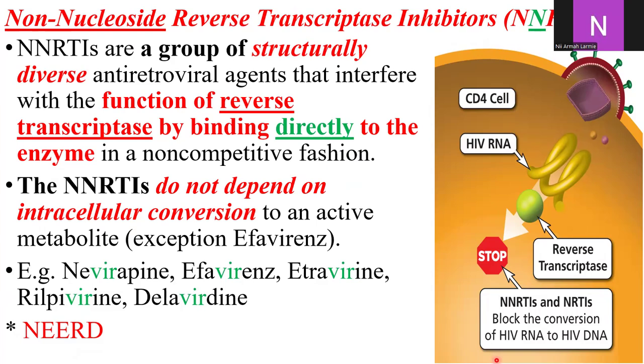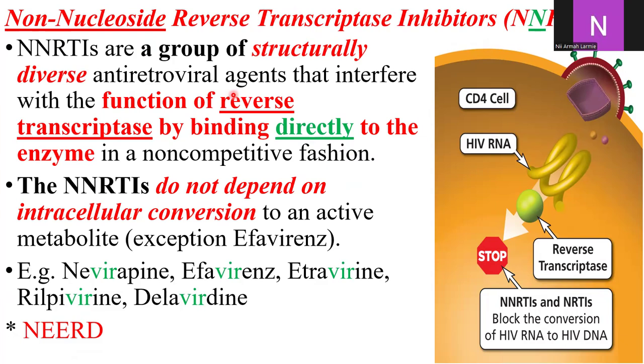Now, non-nucleoside reverse transcriptase inhibitors, these are the ones we say directly inhibit the reverse transcriptase enzyme. So mostly these do not require the triphosphorylation to be activated before they can act, with the exception of efavirenz, which still requires the triphosphorylation before it can act on the polymerase.